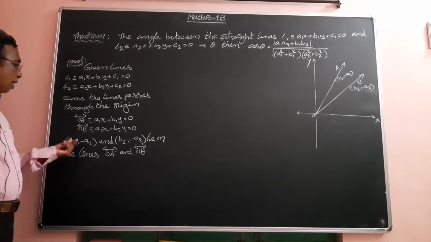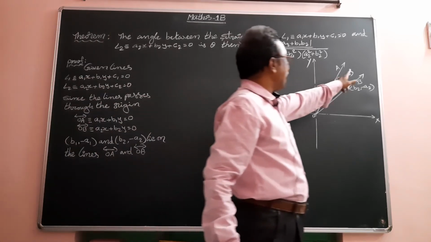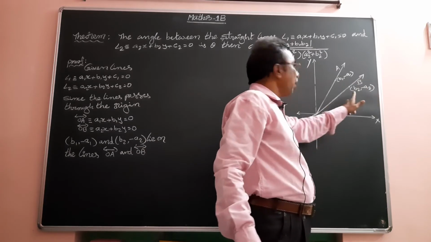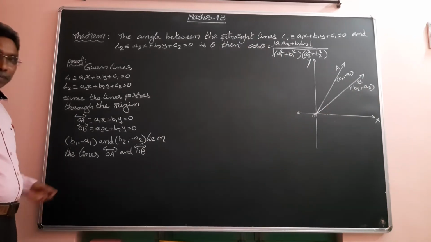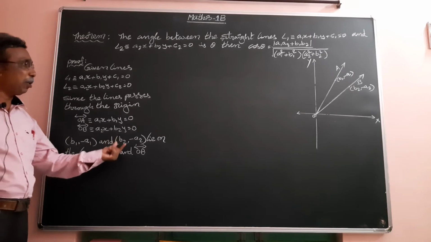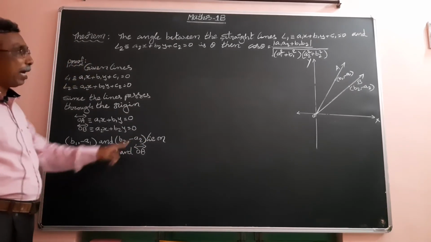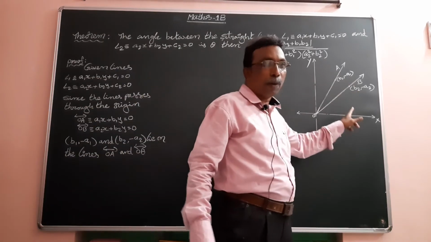B1 minus A1 lie on the OA line, B2 minus A2 lie on the OB line. B1 minus A1 and B2 minus A2 lie on the lines OA line and OB line.